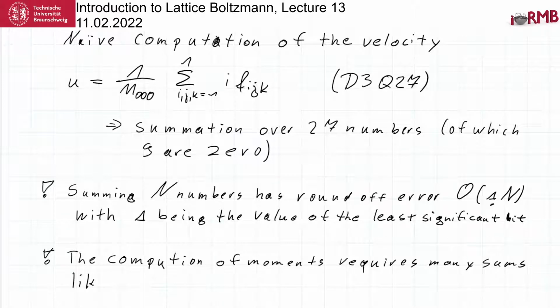I mean, like computing the velocity, and computing cumulants even uses more sums. Yeah, many more sums. So this is much more prone to round-off errors.